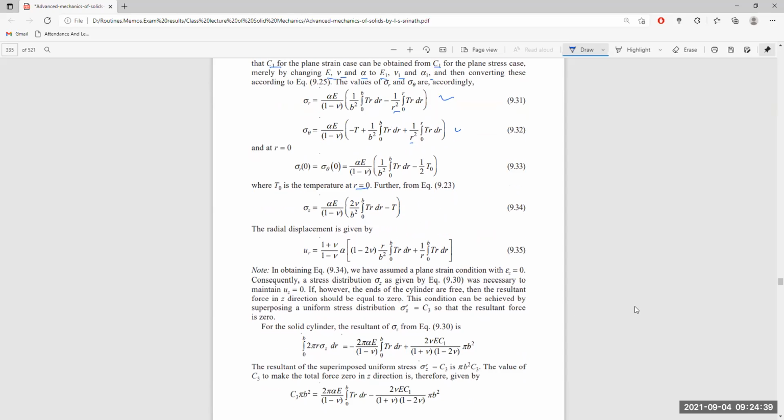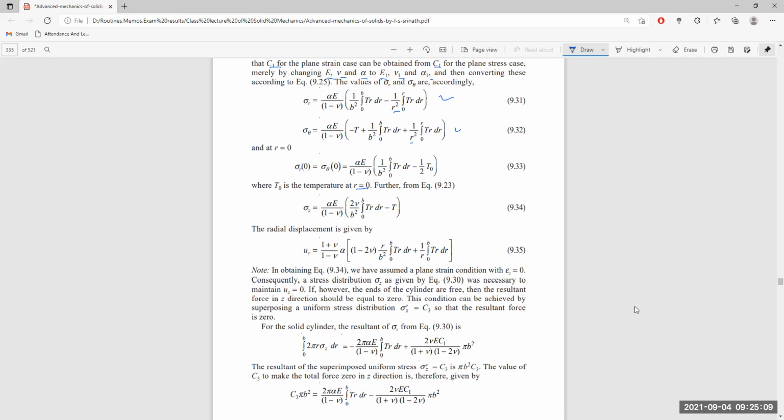Thus, the radial distance, we also use the same formula for ur and put the value of C1 and C2. We'll take this particular form here, like this, 1 minus nu, the r by b square, integration of 0 to r dr, and 1 by r, 0 to r dr into dr. Now, after we got the value of sigma r in this particular equation, we should assume a plane strain condition with epsilon z equal to 0.